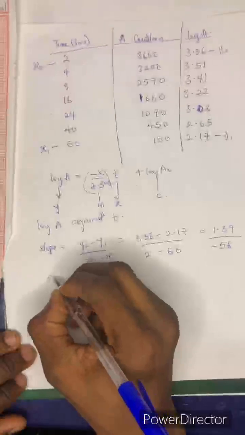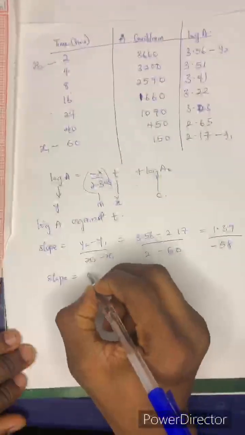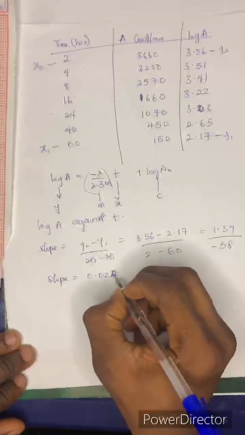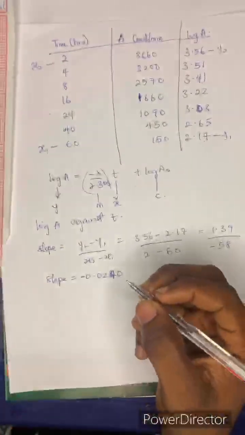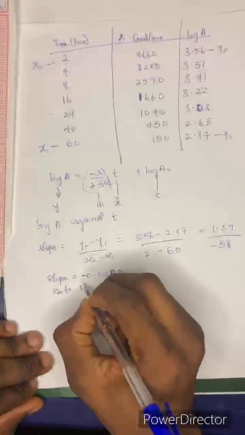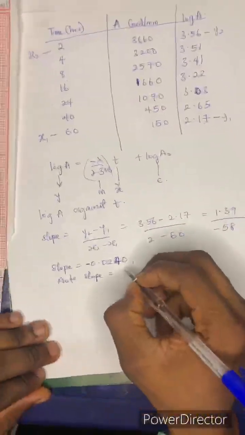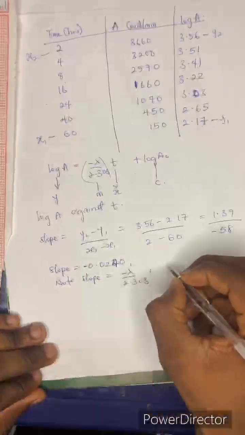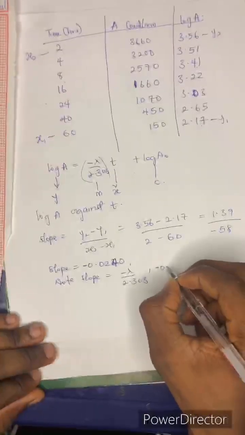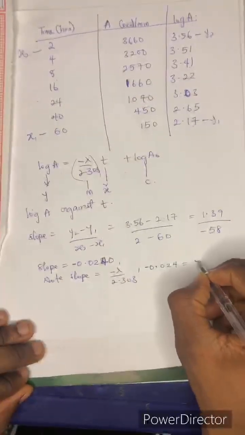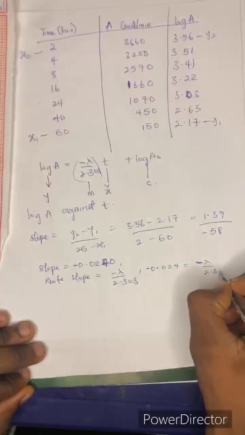That should give us slope to be equal to minus 0.02324. So this is our slope. Now don't forget that slope is also equal to minus lambda over 2.303, which will now be minus 0.024 equals minus lambda over 2.303.